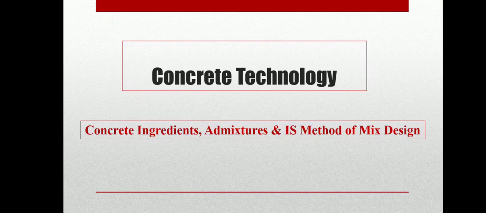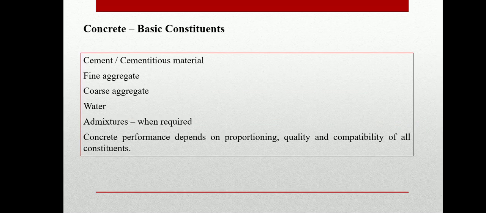Hello everyone. In this presentation, we are going to have a review on concrete ingredients, admixtures and IS method of mix design. We know concrete consists of cement or cementitious material, fine aggregate, coarse aggregate, water, and fifth, only when required, admixtures.